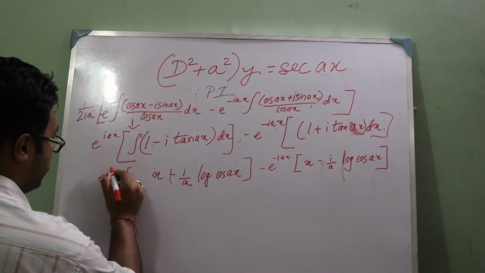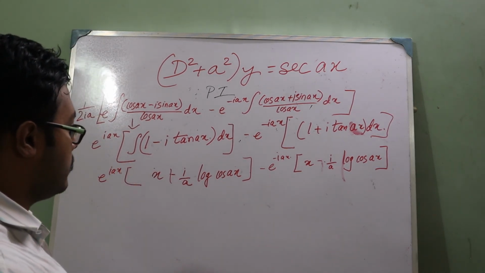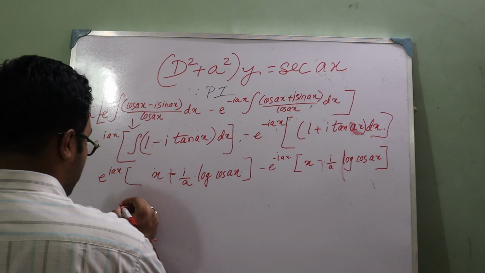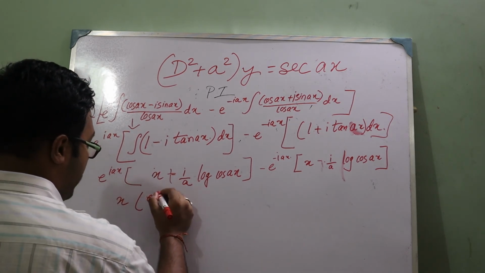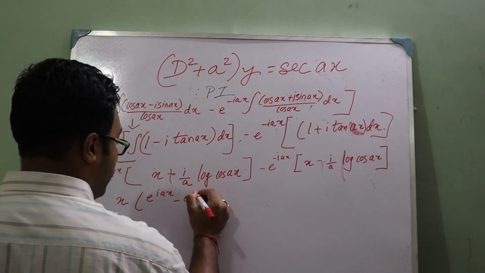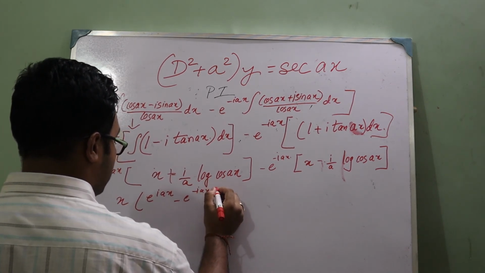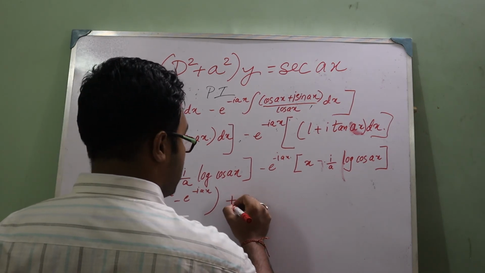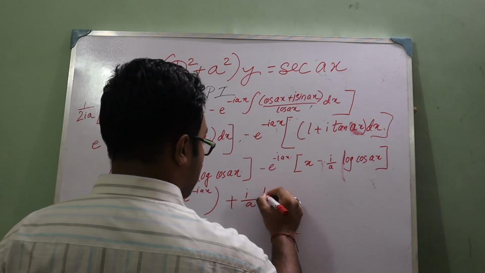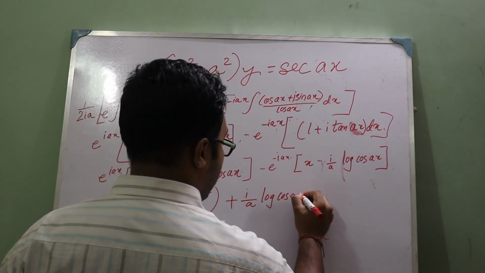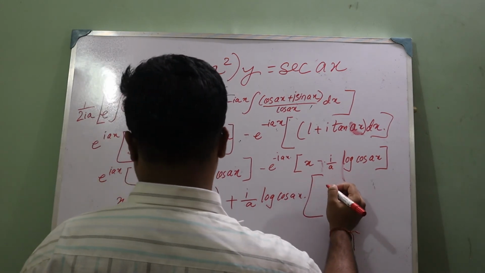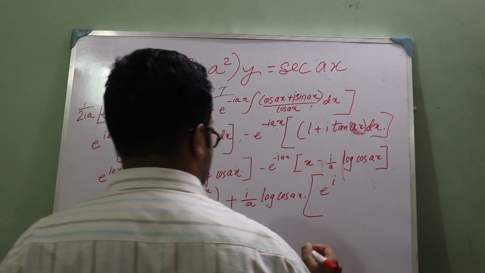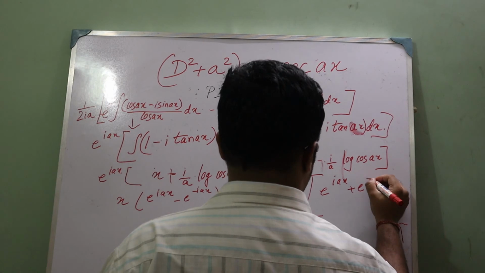All right. So this will be the case. What we will get? Again, breaking it fully, we get x into e to the power iax minus e to the power minus iax, this thing, plus i by a log of cos ax, this one into e to the power iax plus e to the power minus iax.